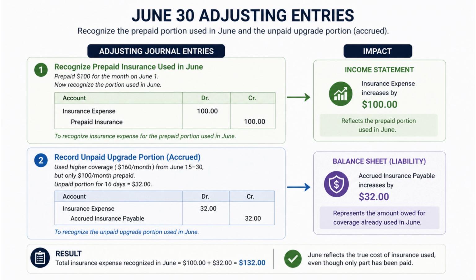This is to account for the fact that we used that extra $30 throughout the second half of the month, and we have not yet paid it. So that's why we have the accrued insurance payable. Now your June reflects $130 total insurance expense, even though you only paid $100 so far.